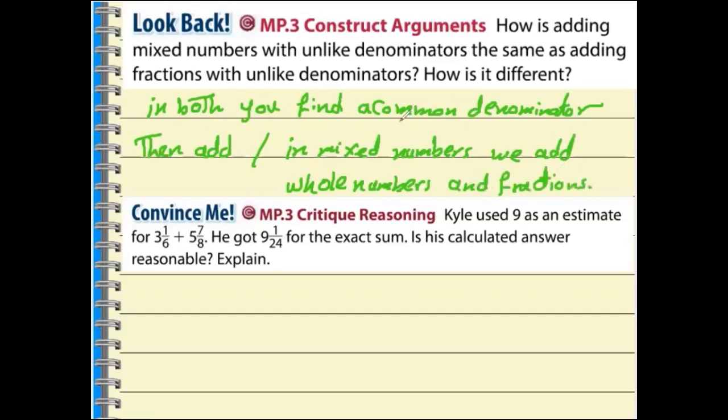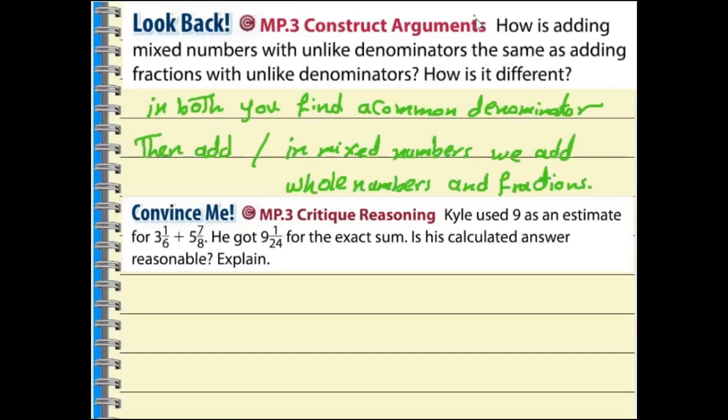I think it's clear and easy. What is the difference between adding fractions only and adding mixed numbers? In adding fractions, we don't add wholes. But in mixed numbers, we add wholes.